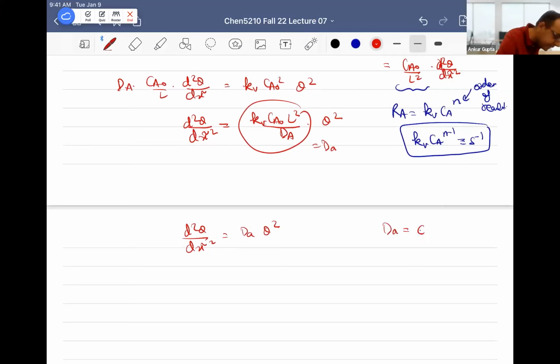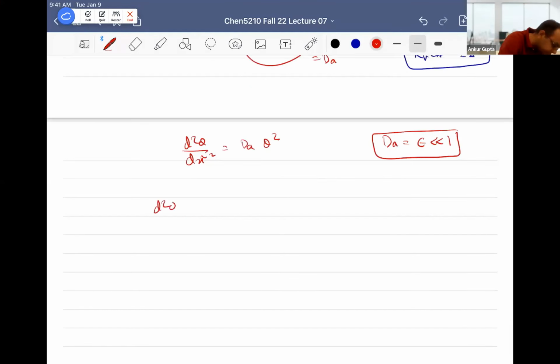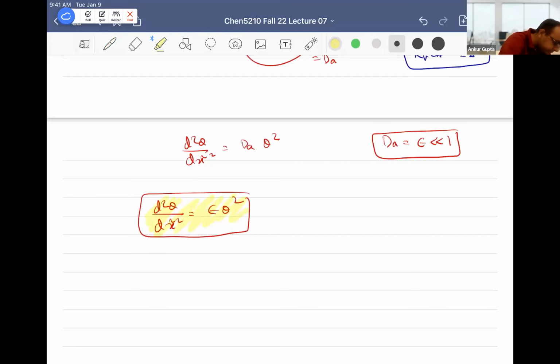I'll designate that as epsilon. So I'll say d squared theta by dx squared is epsilon theta squared. This is my governing equation now.